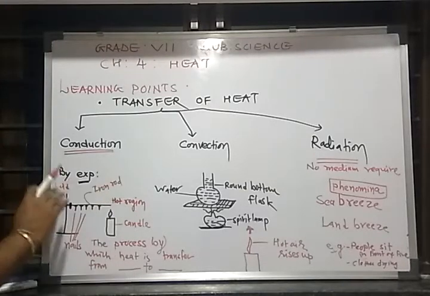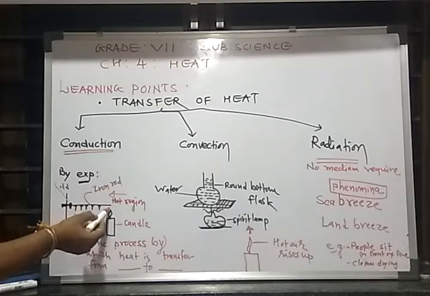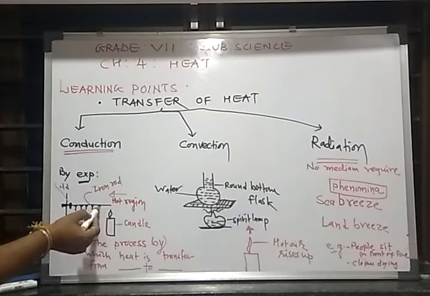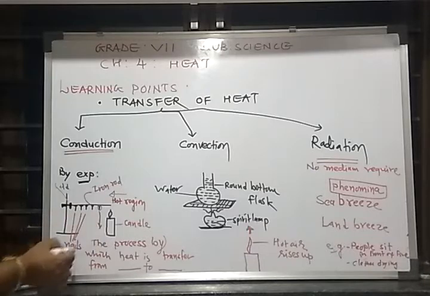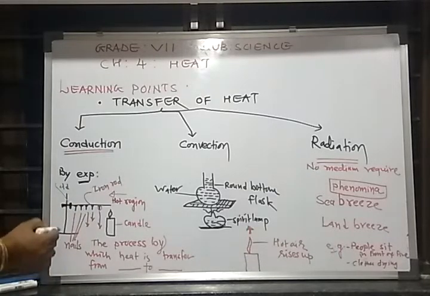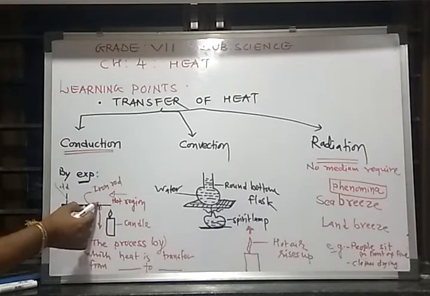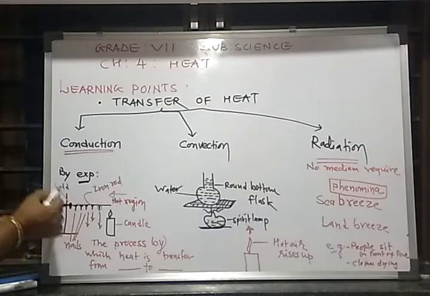Because you see, when this candle is burning, this nail will drop first and then this will drop next. This means heat is transferred from the hotter region to the colder region.